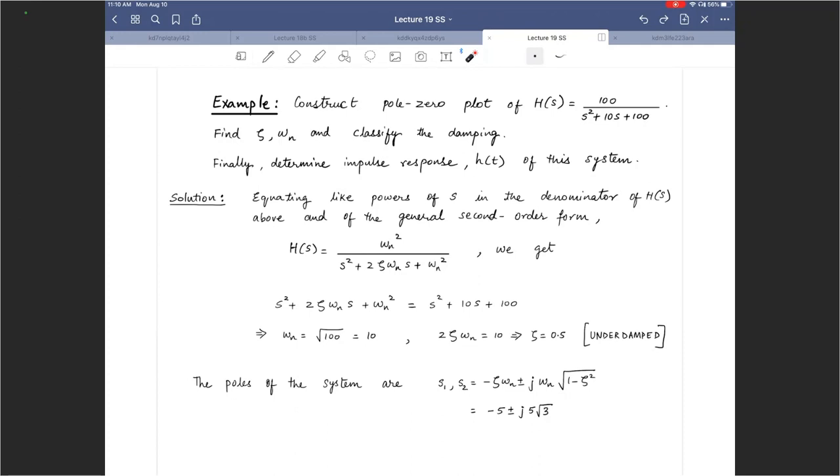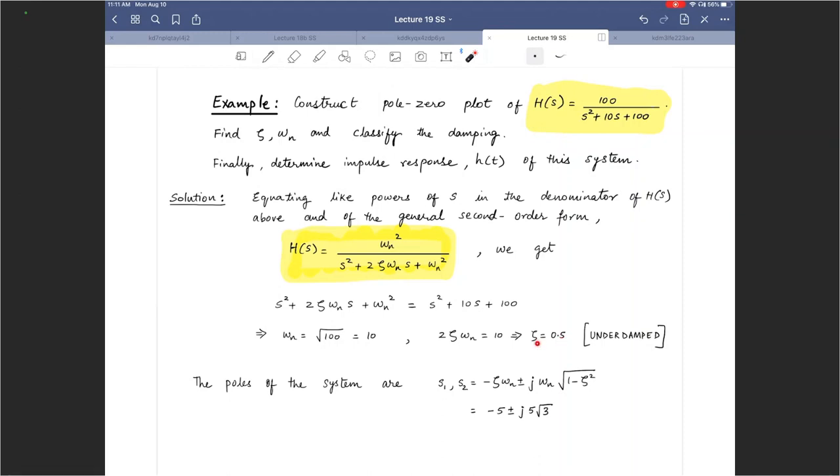Now, if you see this, try to compare the H of s that is given to us with the standard second order system and equate powers of s. When you do that, you will see that the natural frequency comes out as 10 and the damping factor comes out as 0.5.